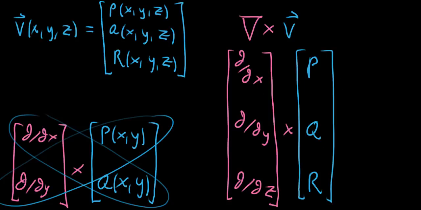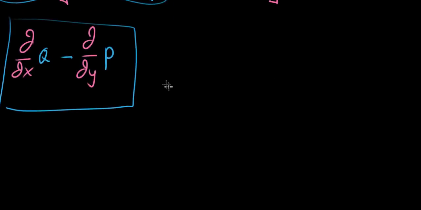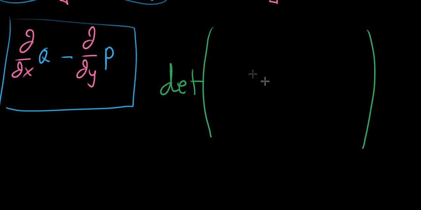So the way you compute a thing like this is you construct a determinant of a certain 3x3 matrix. And the top row of that is all of the unit vectors in various directions of three-dimensional space. So these i, j, and k guys, i represents the unit vector in the x direction.